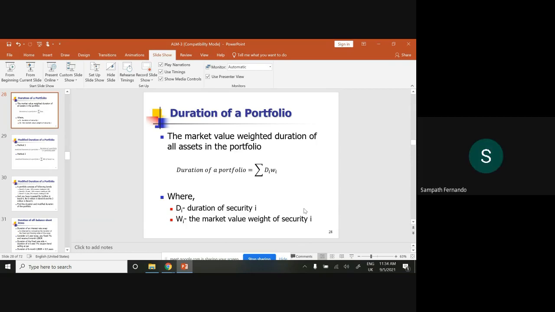Yeah, the market value means the price. Price of the security, exactly. So you take the weighted average of the price, basically. Okay, sir. Okay, fine, that's what you want to know, right?